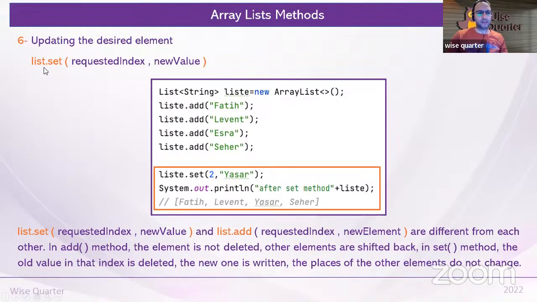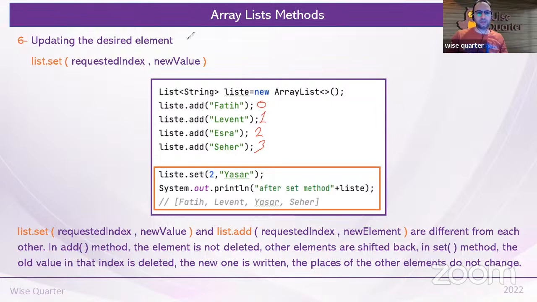Now we have learned the set, but from here, let's try to understand. This time in this question, we have a string list, and we have a few values. Let's write index numbers. For example, this is index 0, index 1, index 2, and index 3. And we are using set here.